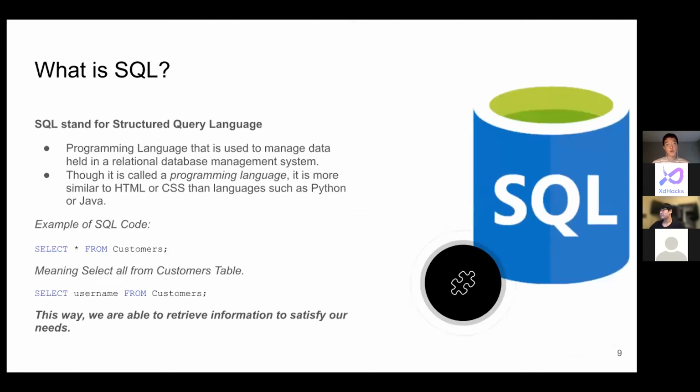So SQL. Now I've explained before what a database looks like, what we do with databases, and the importance of databases. Now we get more into the SQL part. SQL stands for Structured Query Language. And as I discussed before, it's a programming language that's used to manage data held in a relational database.